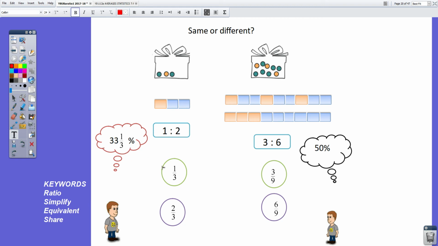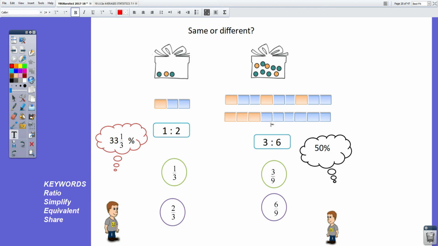So we can think of this in the same manner. What have we got over here? We've got 1, 2, 3 orange, 1, 2, 3, 4, 5, 6 blues. Now we can put them together and we can have the 3 oranges together and the 6 blues together, 3 to 6. We've got 3 oranges out of 9 in total, 3 ninths.